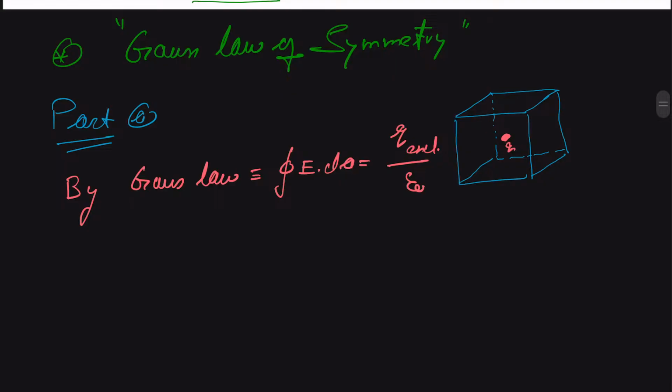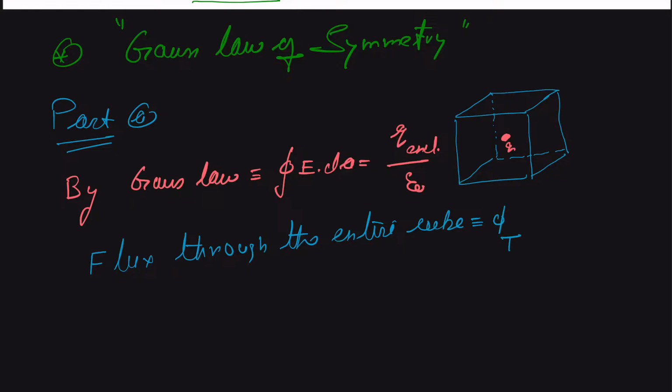And based on this, we can easily write that flux through the entire cube, let us call this phi total, will be equal to charge upon epsilon naught. And we are going to use the symmetry.